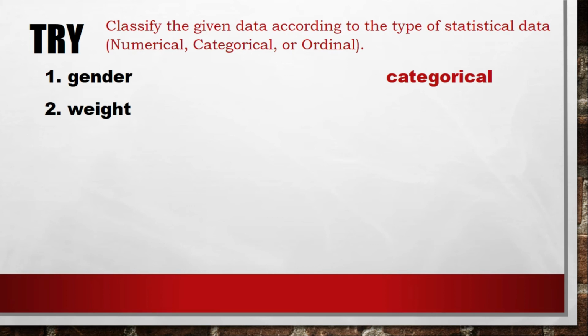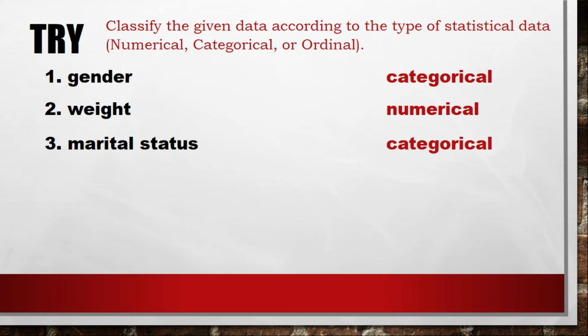Number 2, weight. Gaano ka kabigat? Siyempre, isasagot mo dyan, number. So, numerical. Number 3, marital status. When you say marital status, they can be single, married, widow, separated, divorced, ganon. So, in words sila, so categorical.